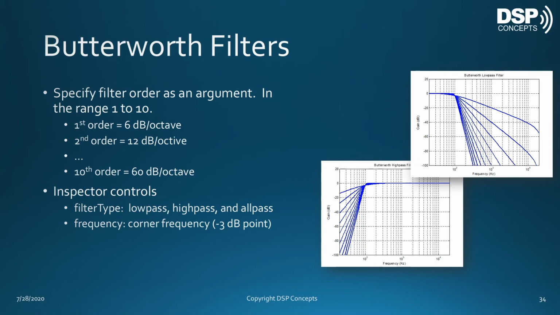So for each order, it's essentially 6 dB per octave. And you can do anywhere between first order and 10th order filters. And then on the inspector control, you would specify the filter type, low pass, high pass, all pass, and then also the corner frequency. And both of those, filter type and frequency, can be changed at runtime.